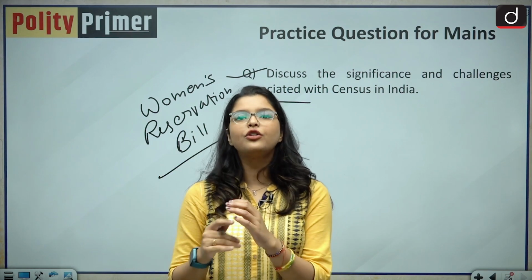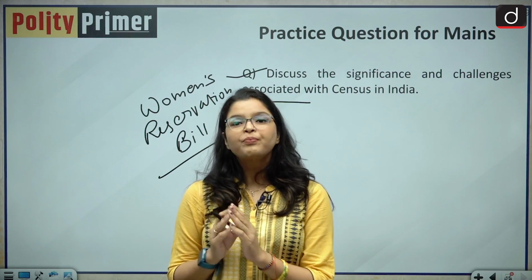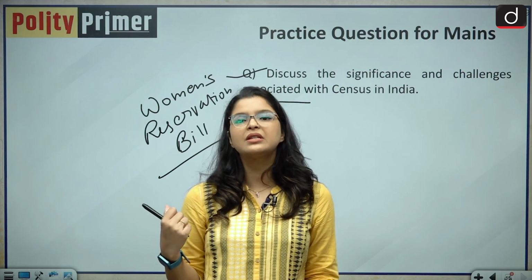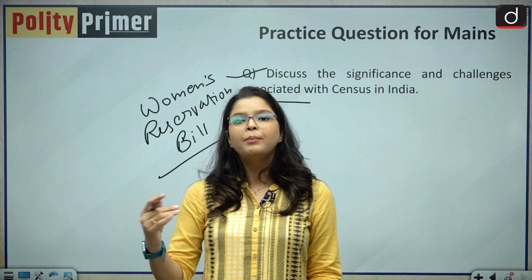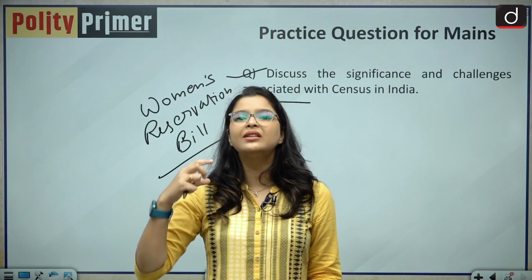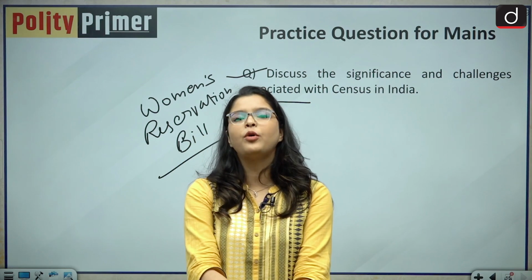So you will connect all of the dots, and hence you will say that conducting the census is very important because now is the time to give women representation in Parliament as well as the state legislative assemblies, and we also need to rethink our affirmative action policies as well as the economic policies.